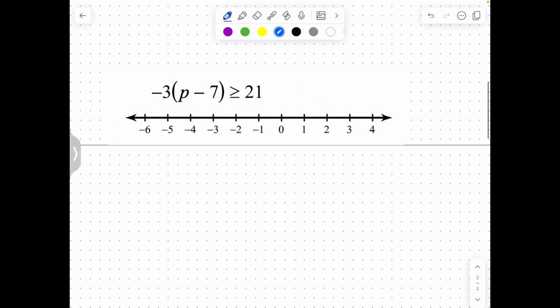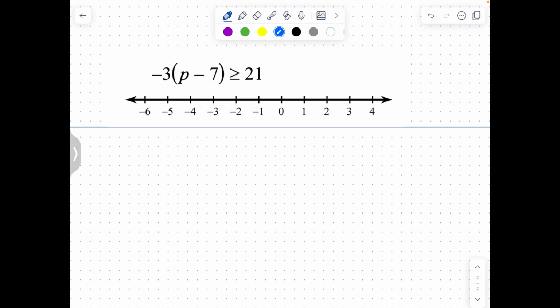For our second example, here we have negative 3 times the quantity p minus 7 being greater than or equal to 21. Now, the first thing that most people would do, I'd say it's about half and half split. You can either divide both sides by negative 3. Remember, we've got that flip the inequality rule if we do that.